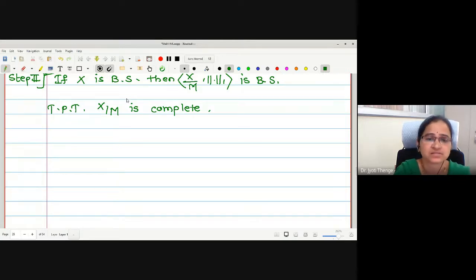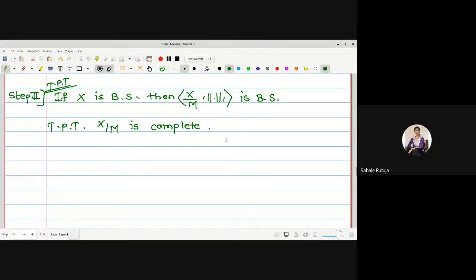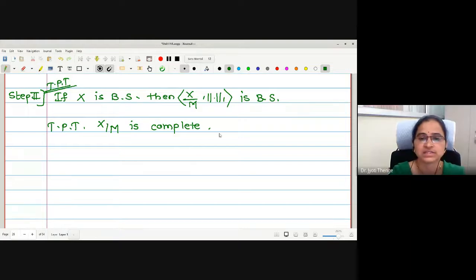Or scalars? Elements in X by M. Yes, these are x1 plus M, sets, x2 plus M. Very good. These are the cosets of M rather.